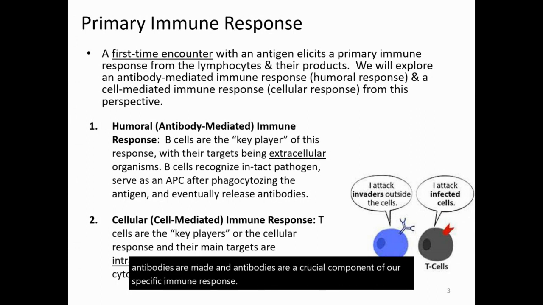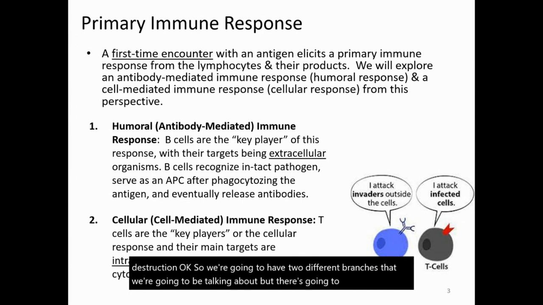The other component is our cellular response, which is where we're going to have certain T cells that act a lot like natural killer cells in that they're going to target infected cells for apoptosis, for destruction.